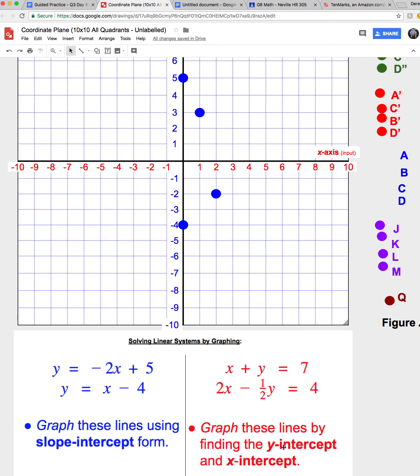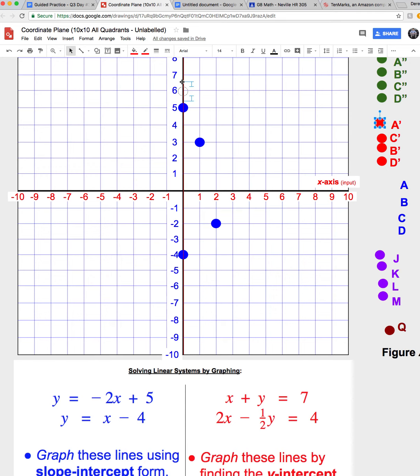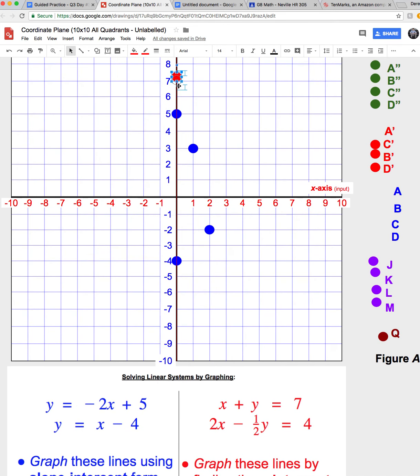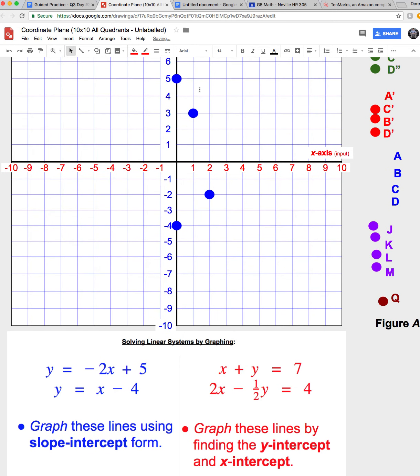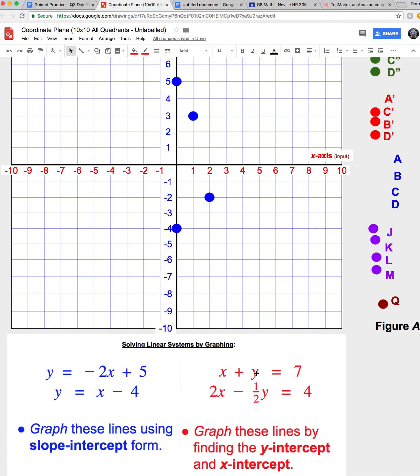To get the y-intercept, I'll plug in a 0 for x. So if I change this x into 0, the only thing remaining is y equals 7. So I know when x is 0, y would have to be 7 according to this first equation. And then I can find the x-intercept, where this red line is going to hit the x-axis, by making the y into 0. And if y is 0 in that first equation, that tells me the x is going to have to be 7.